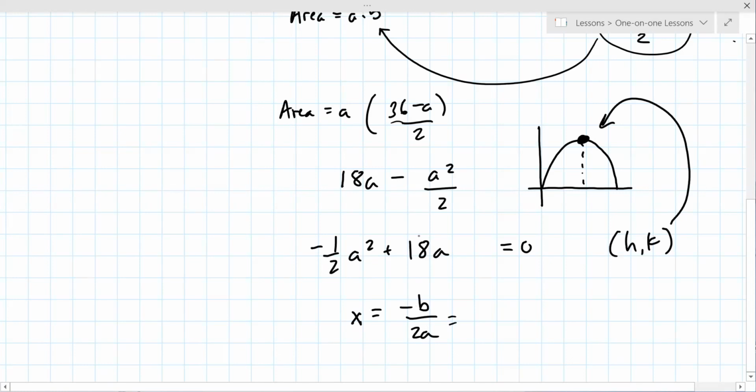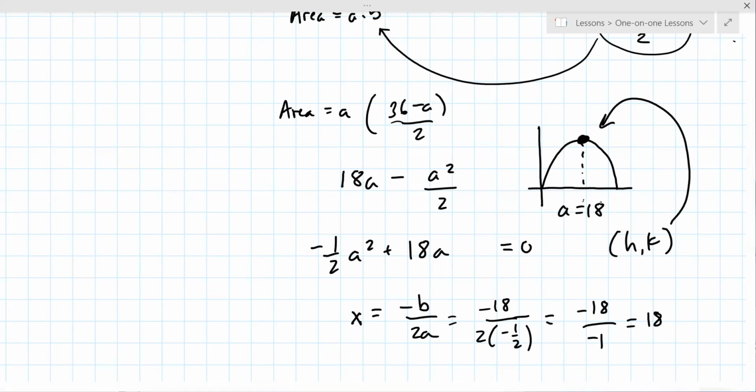B is the coefficient in front of the middle term, and A is really this coefficient here. So this equals negative 18 over negative 1, which is 18. So the A value here, where it reaches a maximum, is 18.